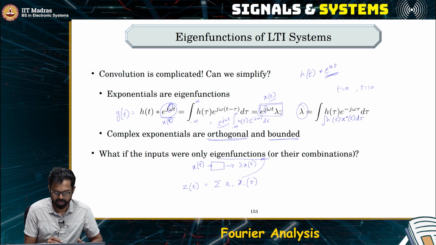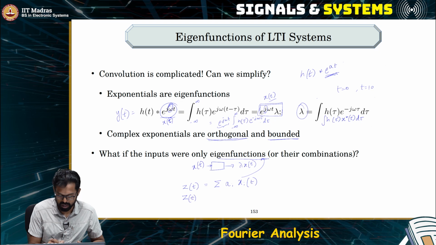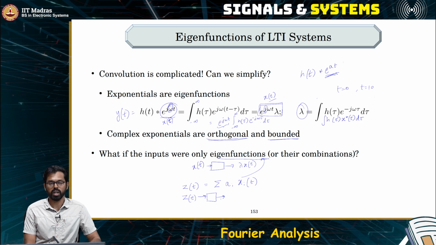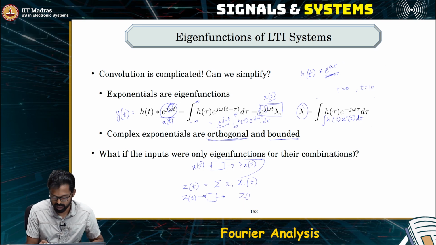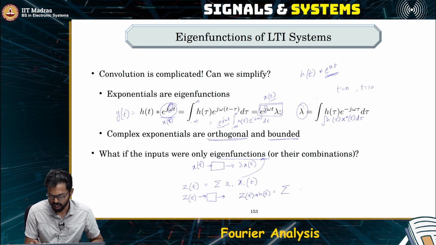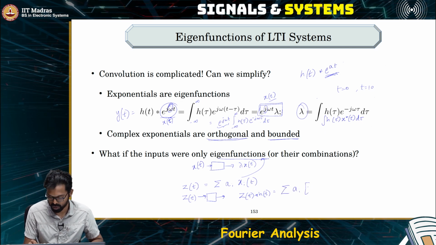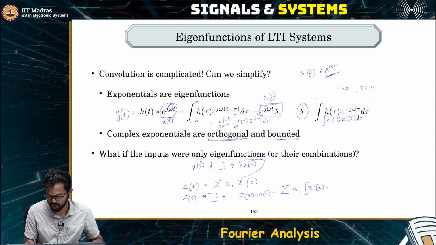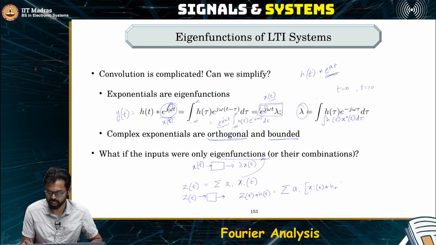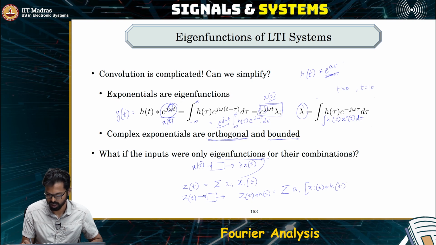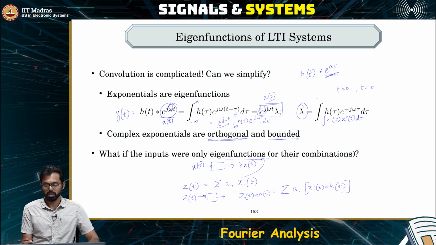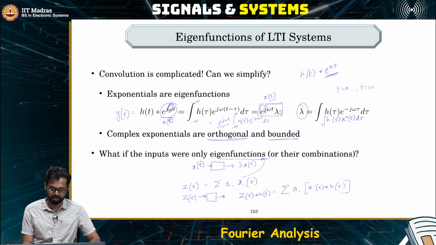When I feed this as the input to my LTI system, I am convolving this with the impulse response, which is as good as convolving each of those with the individual impulse response. This is where the distributive property, linearity, everything comes into the picture. It's not for no reason we studied those properties. So, we are using the linearity property and distributive property of convolution.